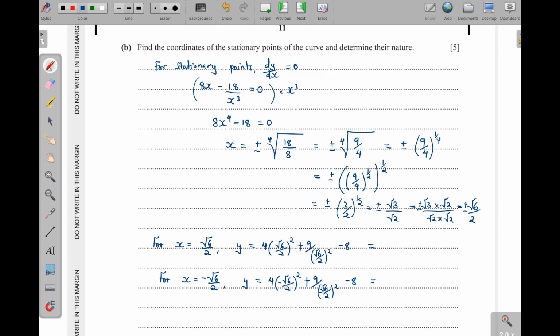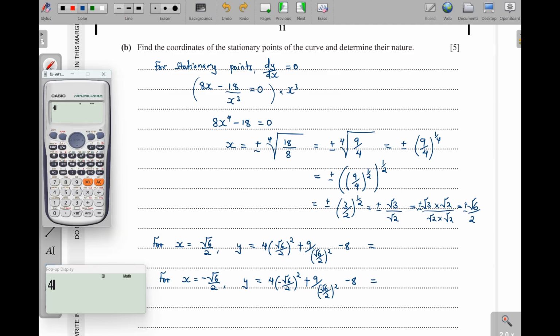So what do we get altogether? 4 into, we have square root of 6, and then we divide by 2 here, then we square that, then plus 9 out of, then we have the square root of 6 out of 2, and then we also square that, then minus 8.